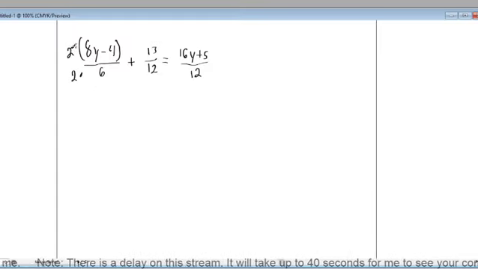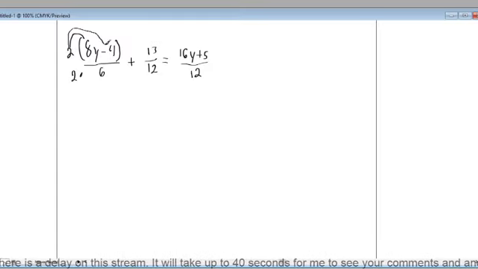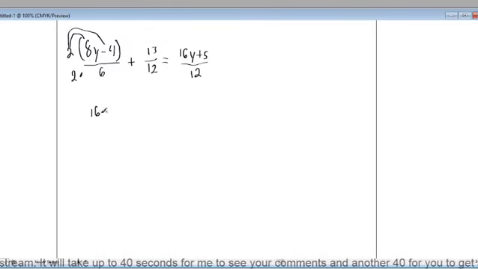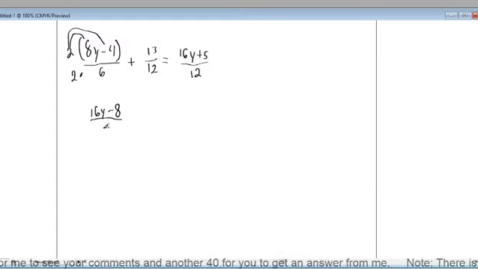So first of all, top part here, this 2 is going to need to get distributed into here. So 2 times 8y is 16y. 2 times negative 4 is going to be negative 8. It's now over 12.